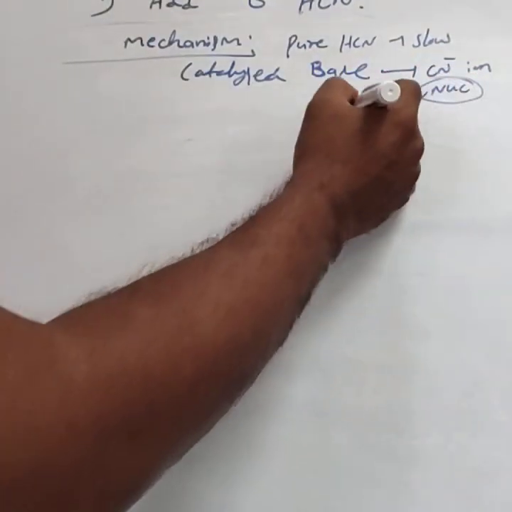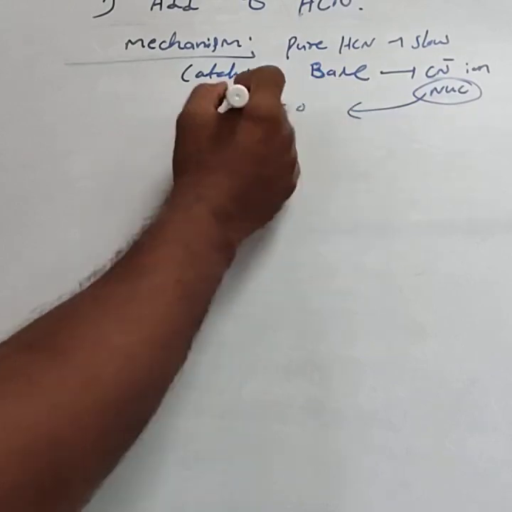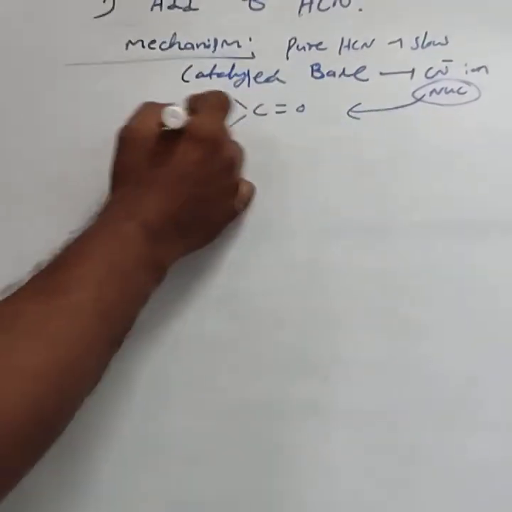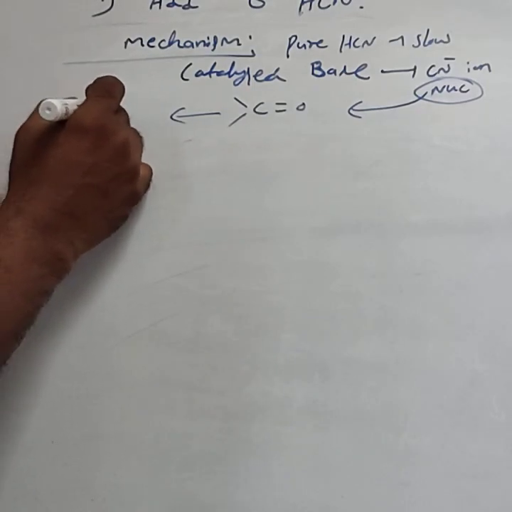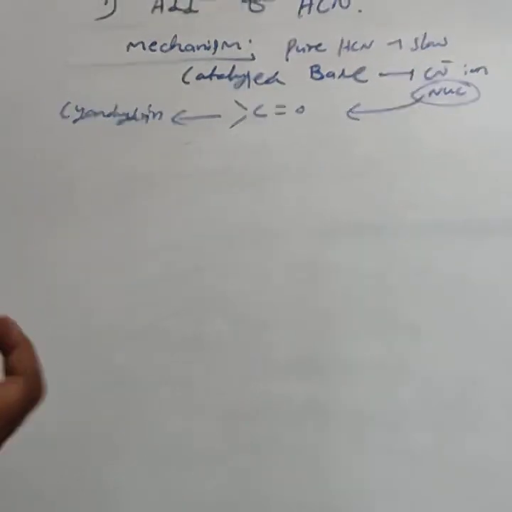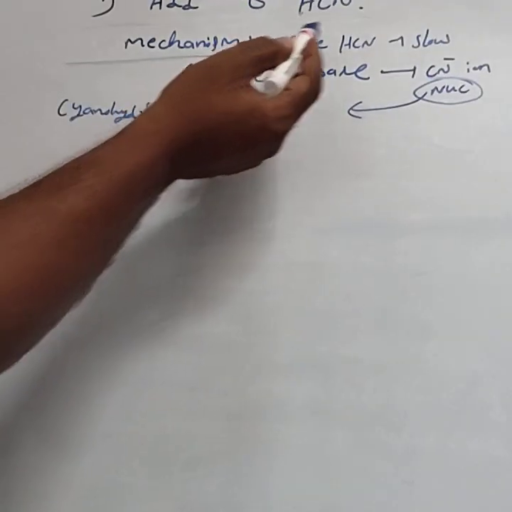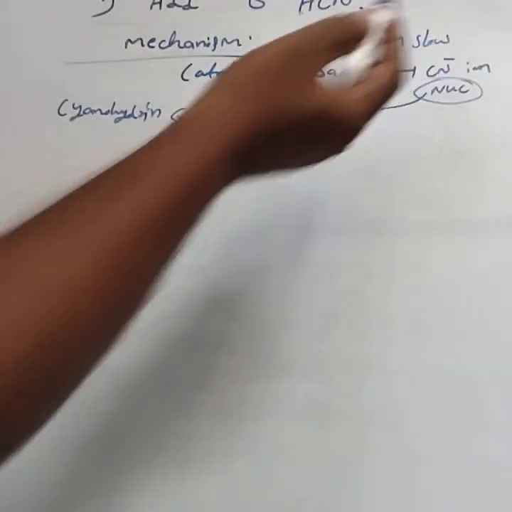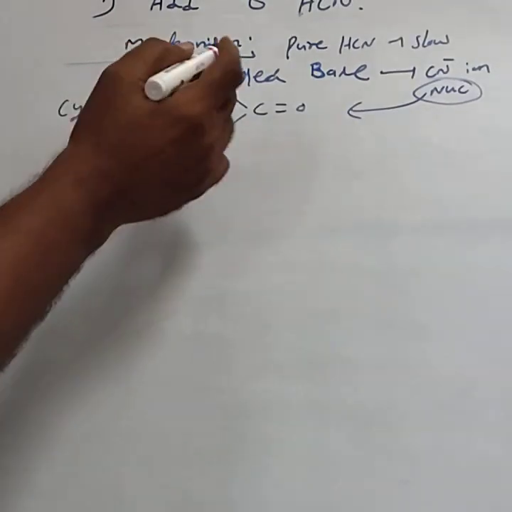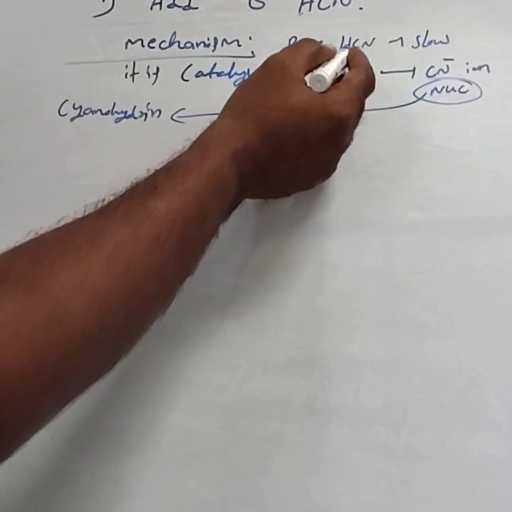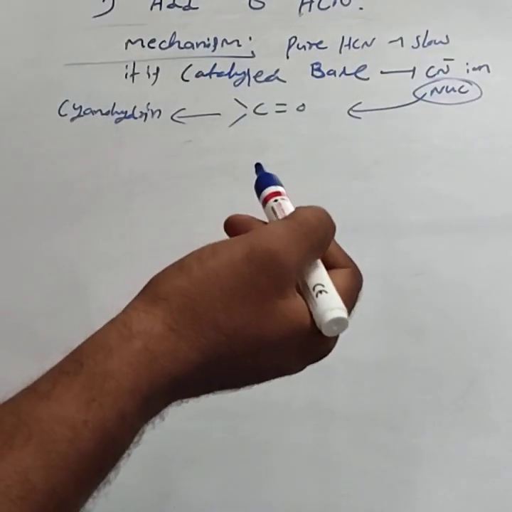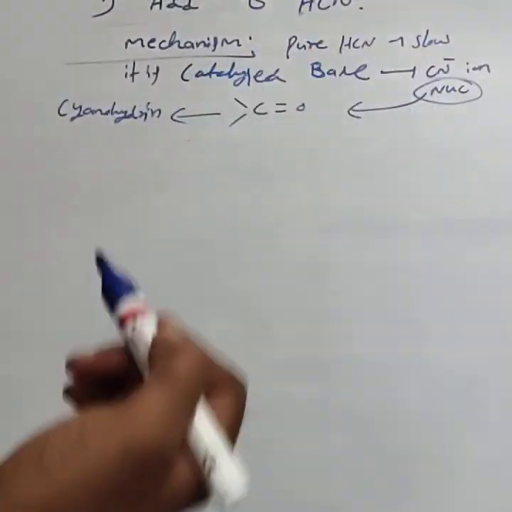This nucleophile adds to the carbonyl compound to form the cyanohydrin. The reaction with pure HCN is very slow, hence it is catalyzed by a base to produce the cyanide ion as a strong nucleophile.